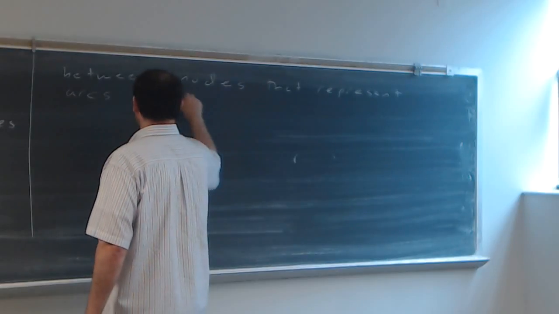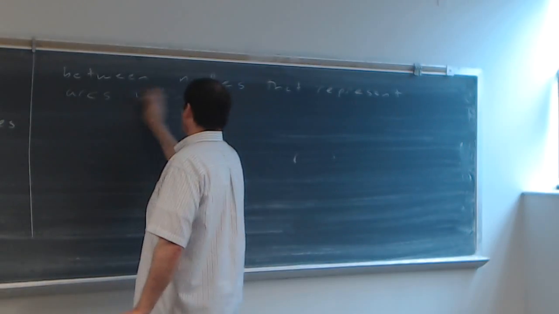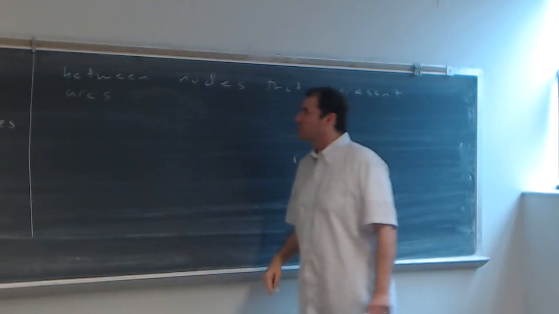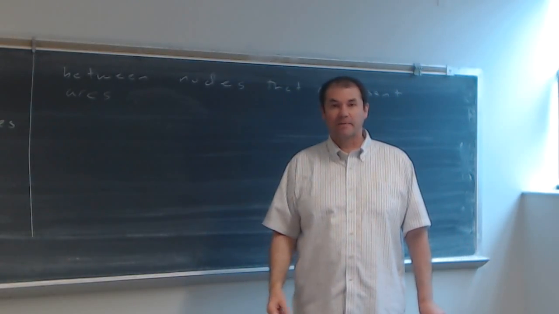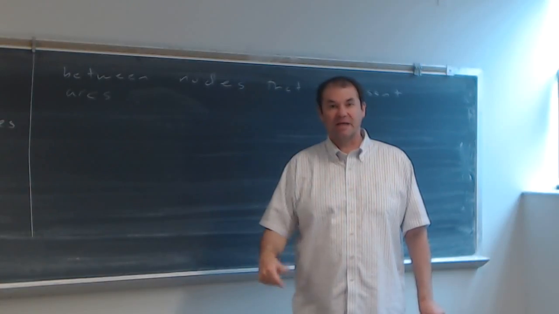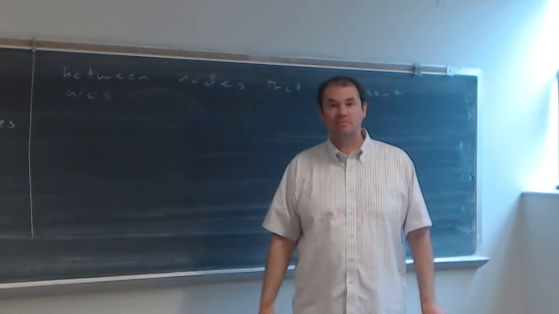And so you would draw an arc, you draw a line between nodes I and J, if there was an arc I, comma, J.